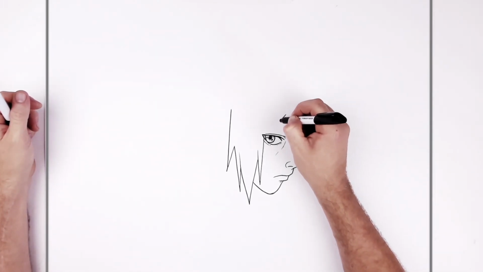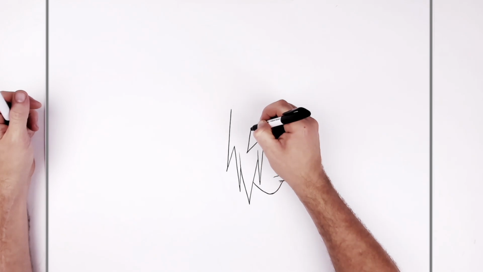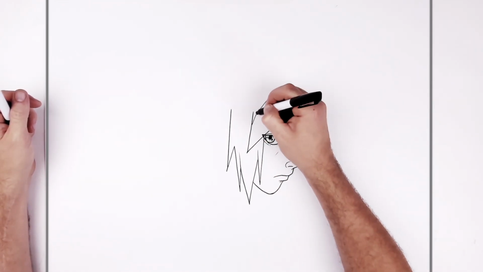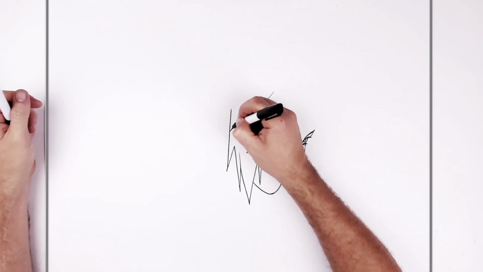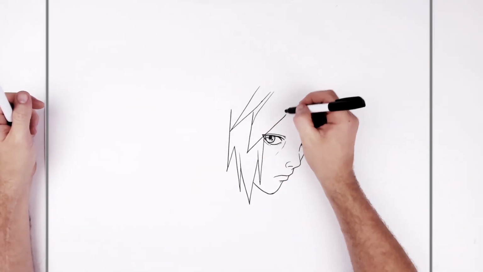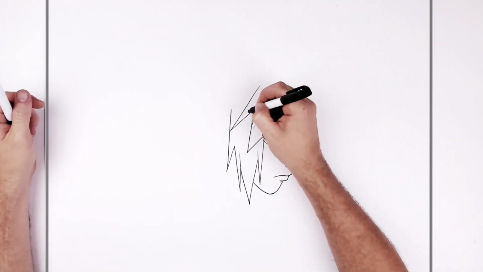So this comes across his eye here. You know, and they add extra sort of lines and stuff. Or the AI does.